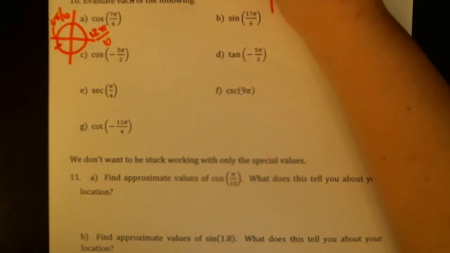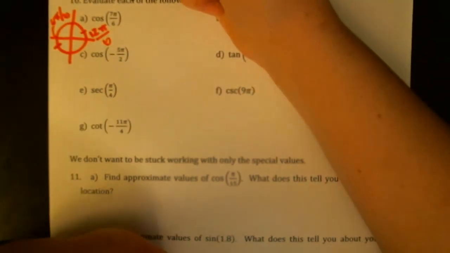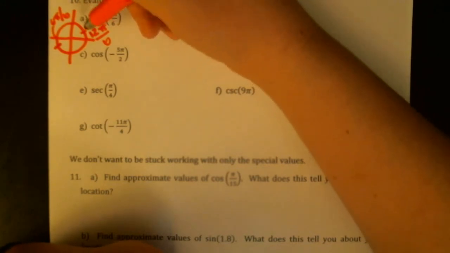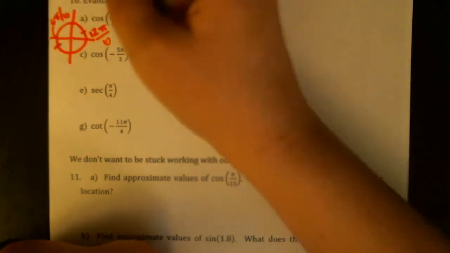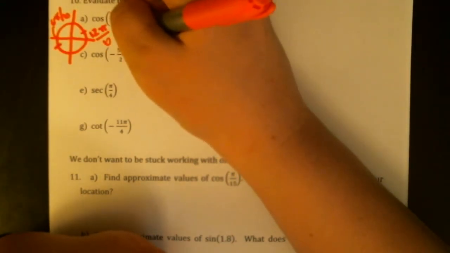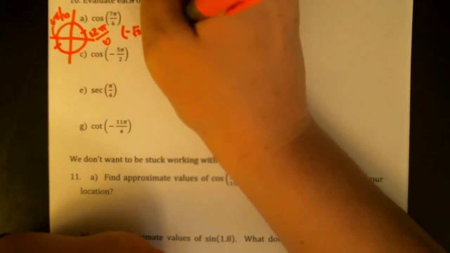This point has coordinates, let's see, if this is our pi over 6, I didn't leave myself good room here, this has coordinates root 3 over 2, 1/2. So the point we're ending up at has coordinates negative root 3 over 2, -1/2.